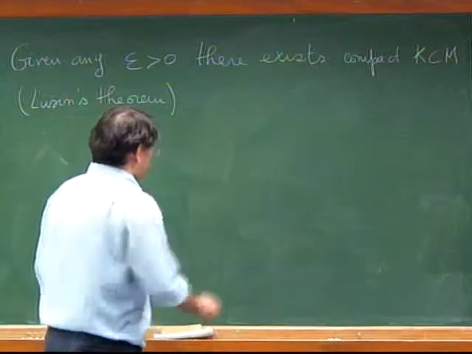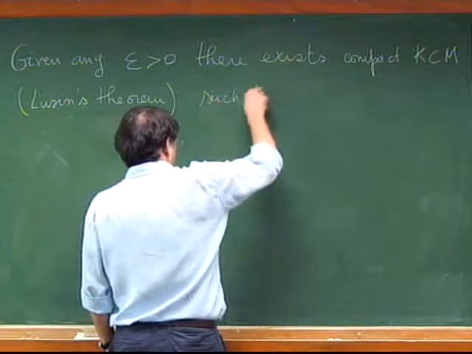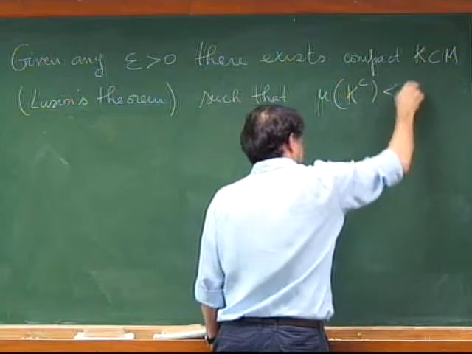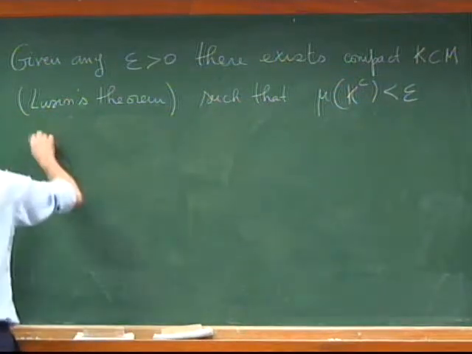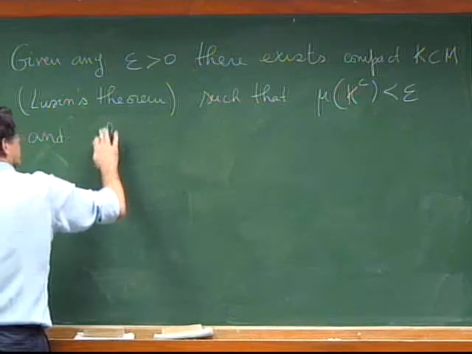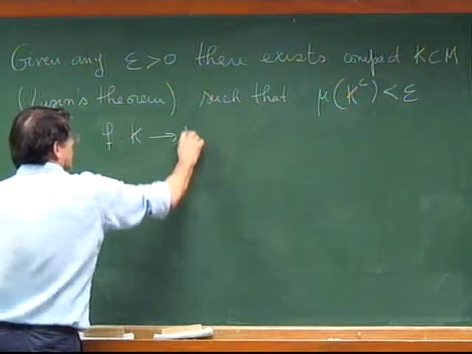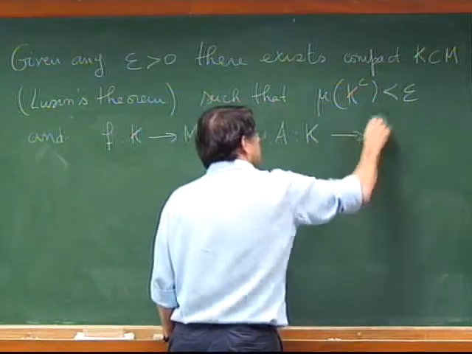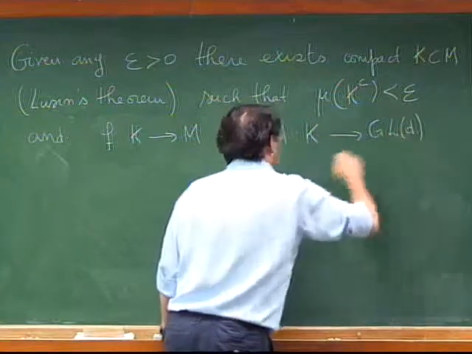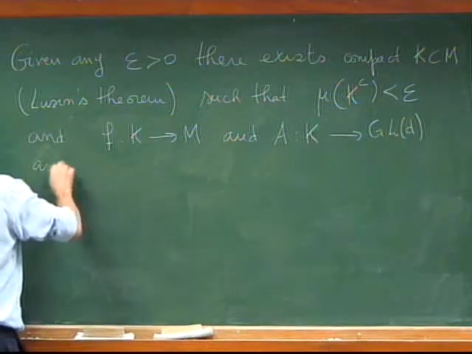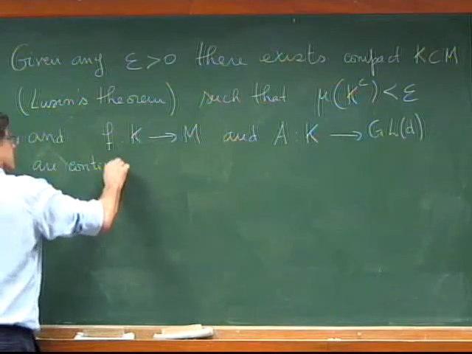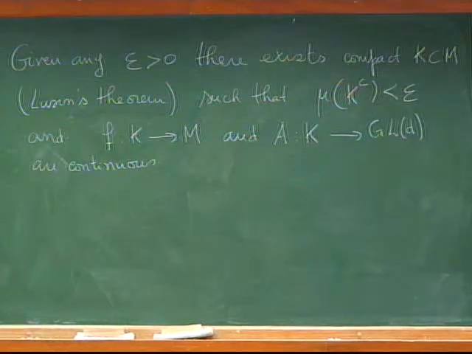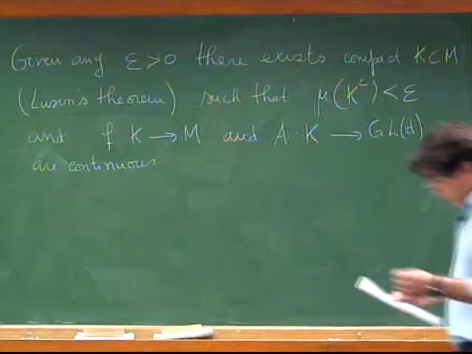There exists a compact subset such that the complement has small measure, and F and A are continuous. Okay, so that's why every measurable function is a continuous function up to a small set.